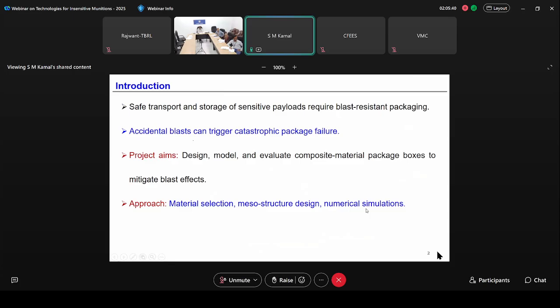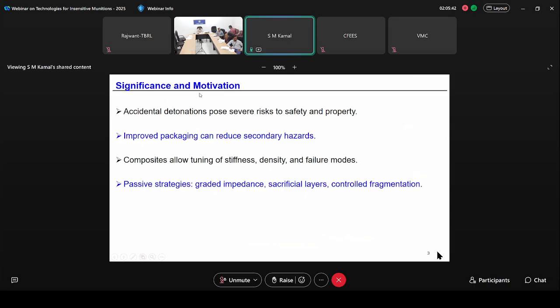Coming to the significance and motivation, accidental detonations can be catastrophic, not only for payload safety, but also for human lives and surrounding property. Traditional wooden or metallic containers either fail suddenly, or the blast load is directly transferred to the payload.